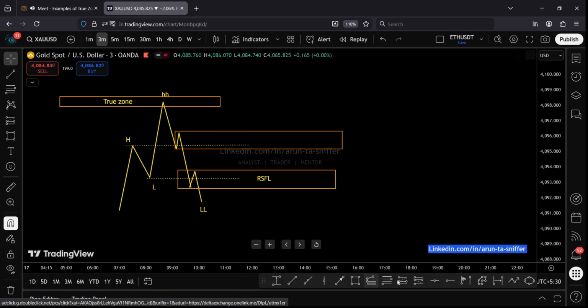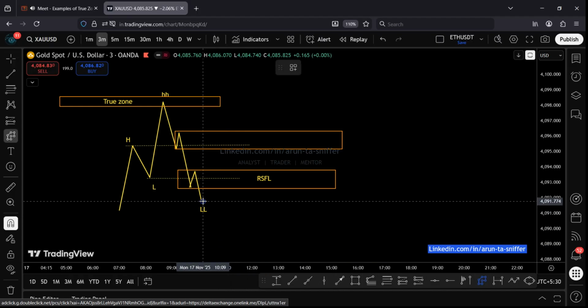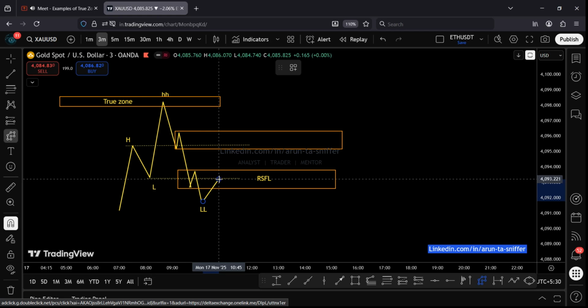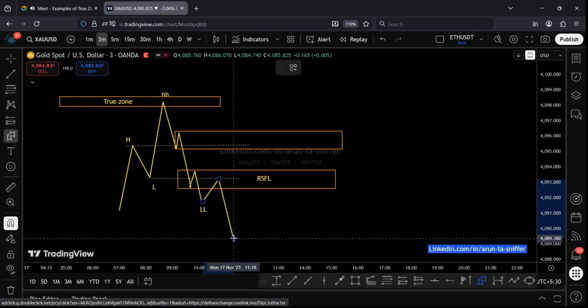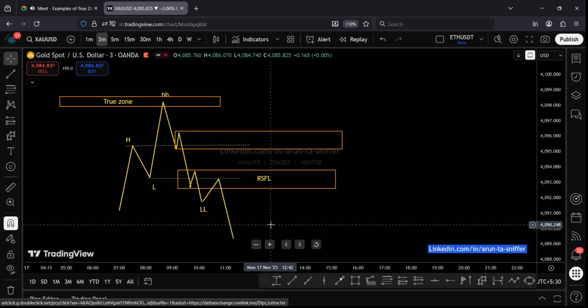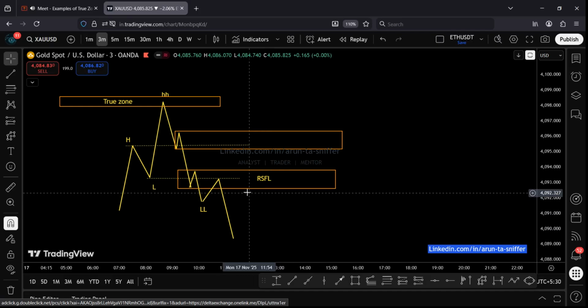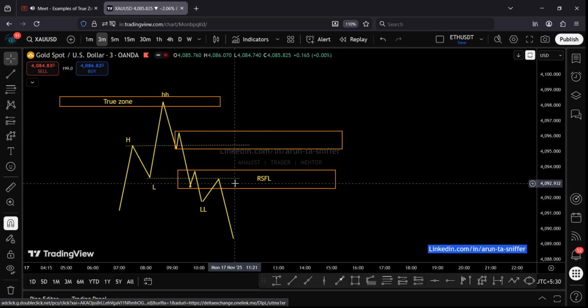And when price goes back to this, we may take entry here like this, and this will be our RSFL setup.